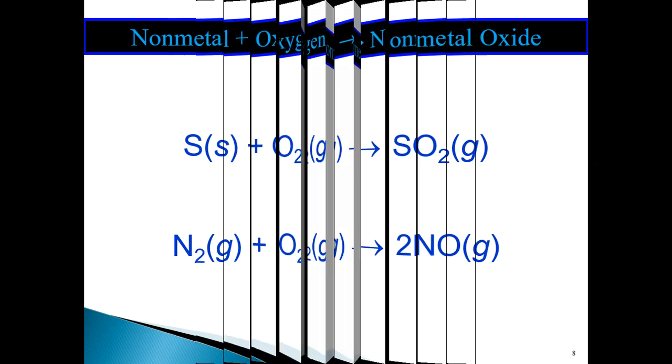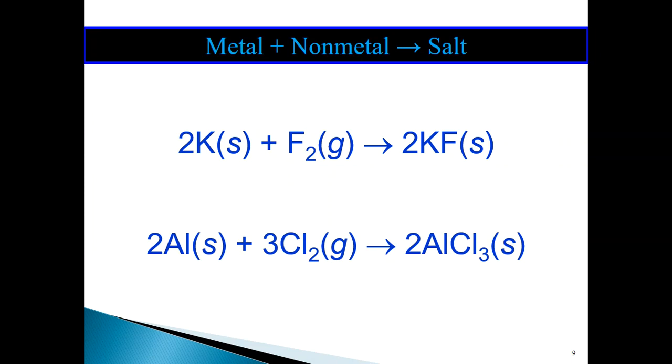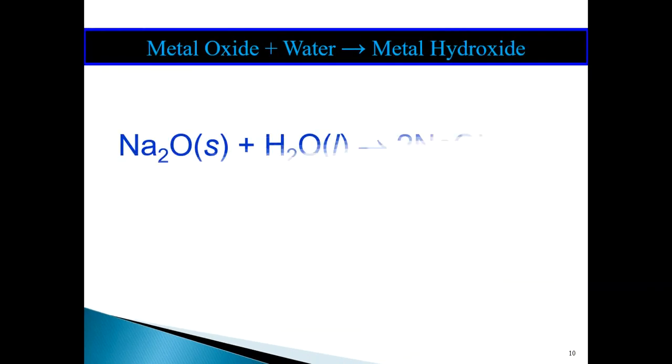All right. You can also have a metal combining with a nonmetal other than oxygen. So for example, potassium reacting with fluorine to form potassium fluoride, and aluminum reacting with chlorine to form aluminum chloride. Okay, you can also have situations where you have a metal oxide combining with water to form a metal hydroxide.